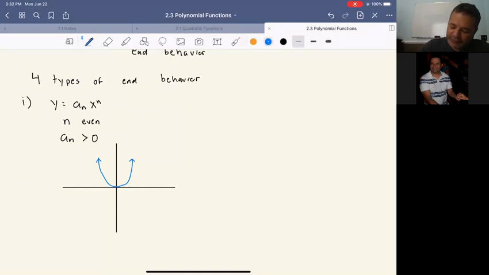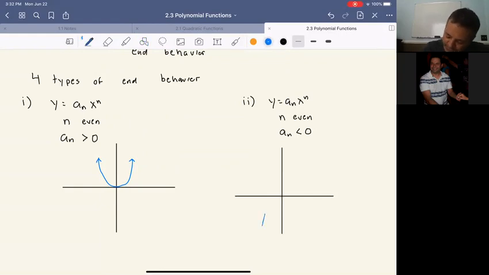Okay, second type. Well, you have y equals a n x to the n. You could also have n being even, but a n being less than 0. So in this case, our end behavior is going to look similar, just pointing down.